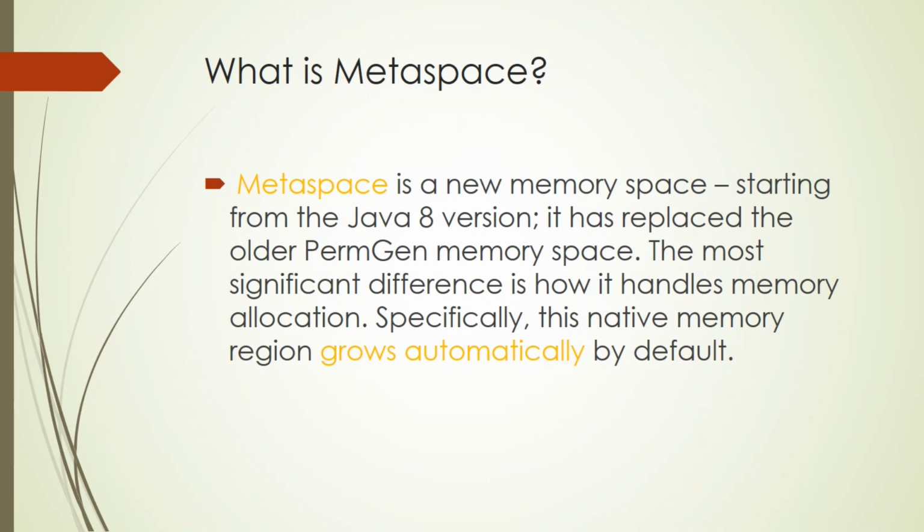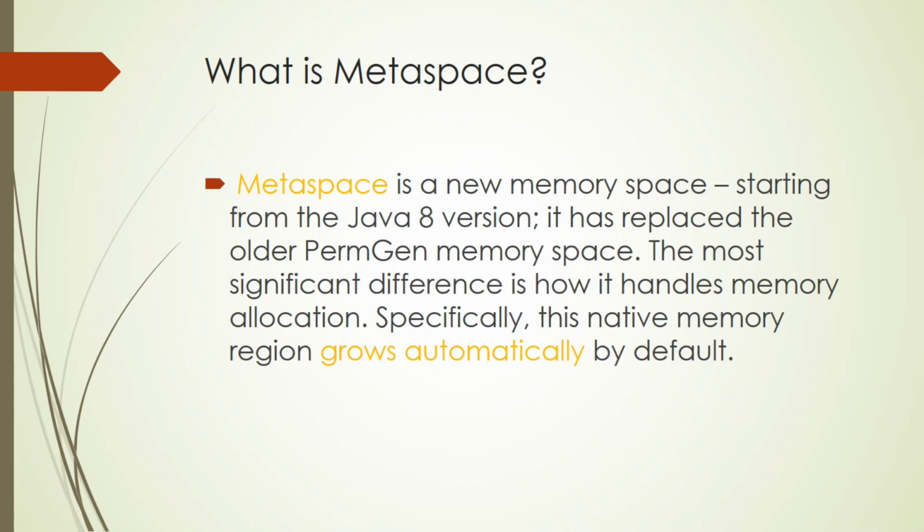The most significant difference is how it handles memory allocation, especially the native memory region, which grows automatically by default. That means it is no longer part of the heap memory. Whenever the program needs more memory, it will take the memory from native memory, not from the heap and other areas, which PermGen used to be part of.